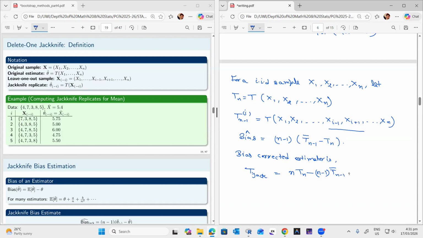All right, that will be the bias corrected estimator. And the variance is, as we discussed earlier, it will be like that.